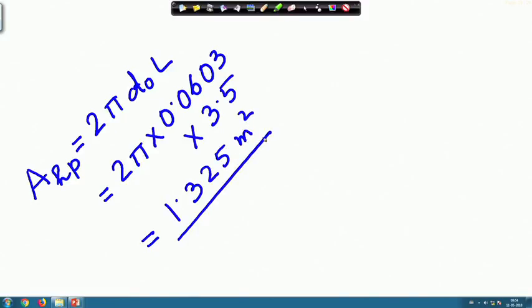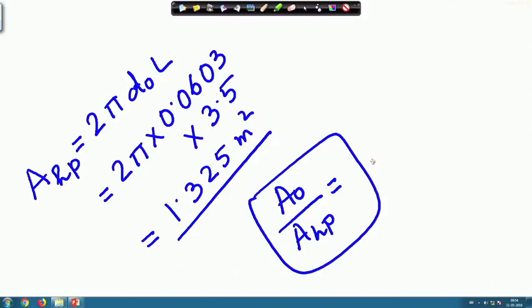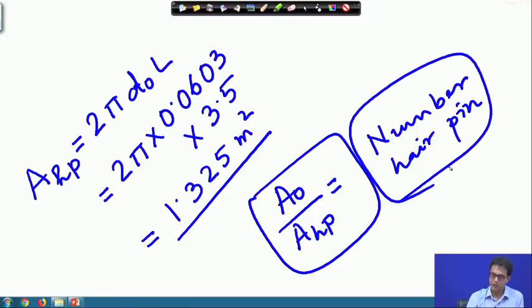Once we know the A_o and the area of the hairpin, we will be able to calculate the number of hairpins. So, you can try calculating this A_o, and from that we can get the total number of hairpins.